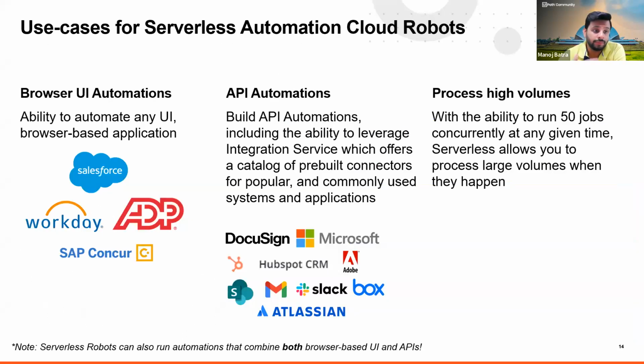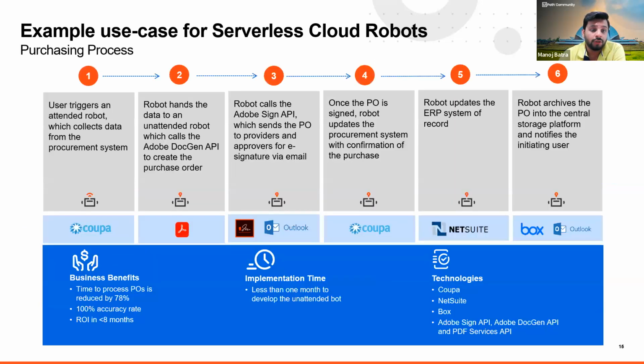So these are the use cases for ACR serverless: browser automation and AI automations, where you need to process data in higher volumes. You can run 50 jobs concurrently, so you can use the serverless robot here.